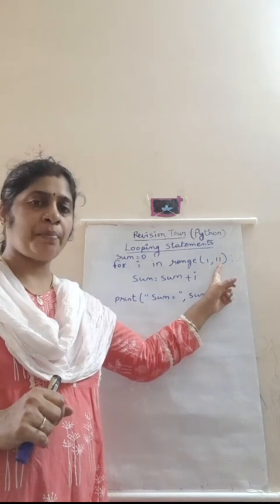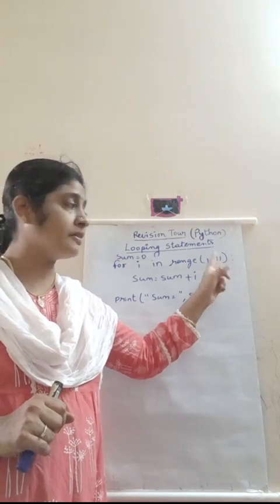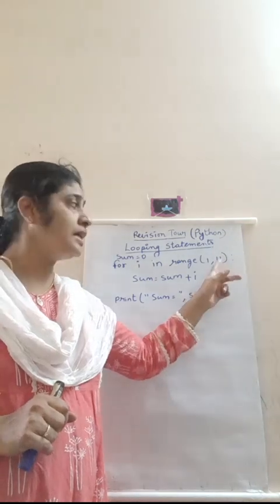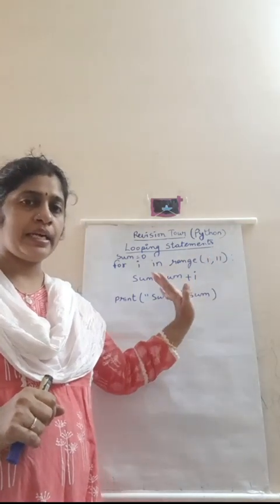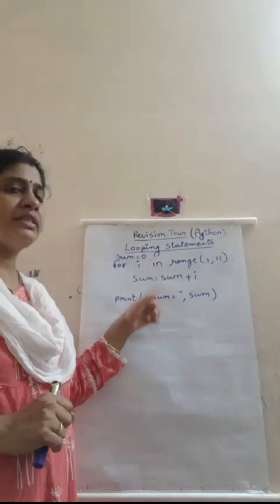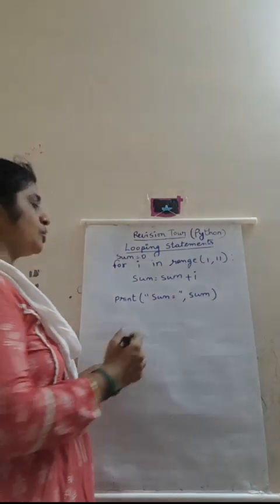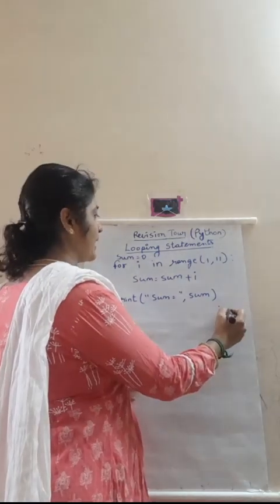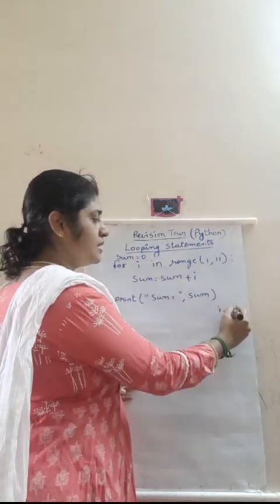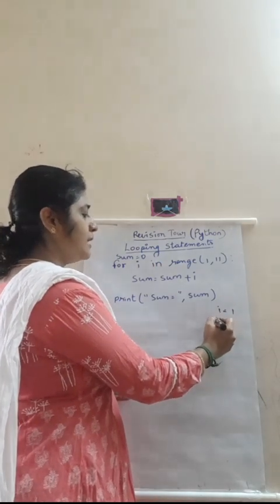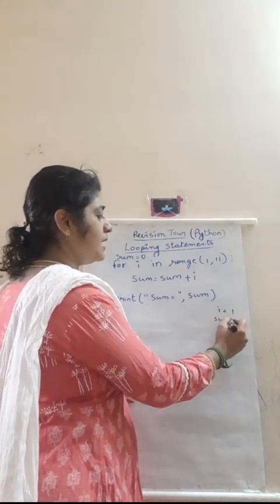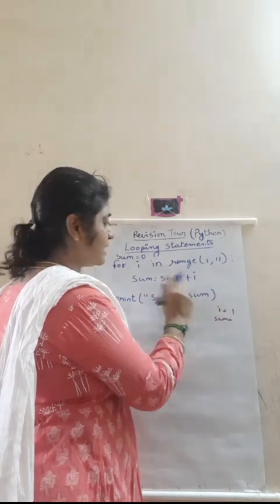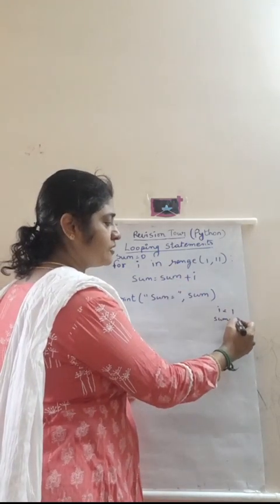That means it will stop at 10. 11 minus 1, it won't include the last number, excluding 11. It will stop at 10. And sum is equal to sum plus I. So what will be the initial value of I? I will start from 1 and sum will be 0. So 0 plus 1, it will be 1.